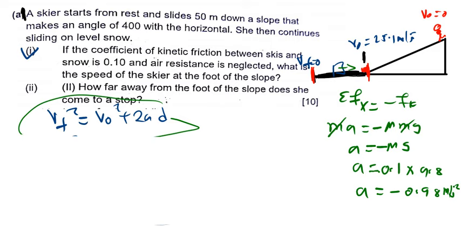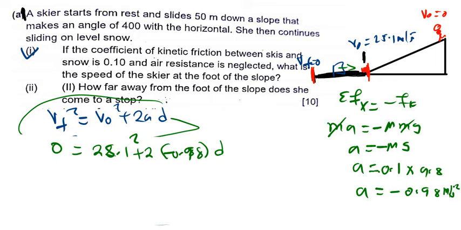The final now will be 0. The initial is going to be 25.1, plus 2 times acceleration negative 0.98 times d, which we don't know, is the one we're trying to find. Shift this to the other side. This has to be squared.